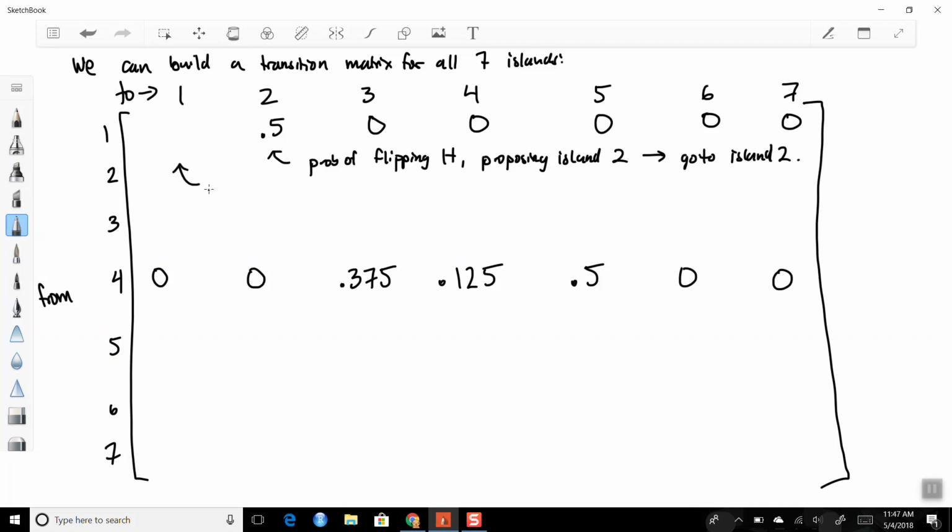For this to happen, I would have to flip tails, which has probability 0.5. And then what ends up happening is we propose island 0, and island 0 does not exist. It has a population of 0.